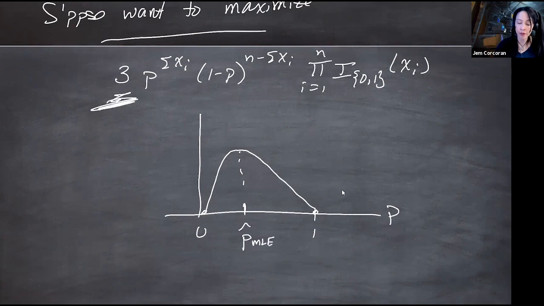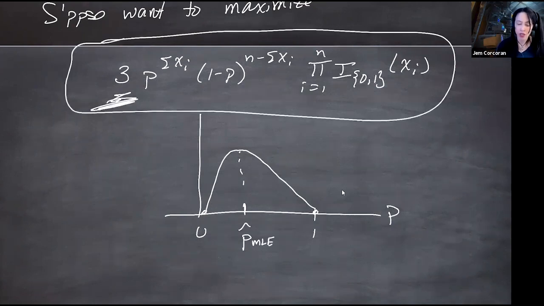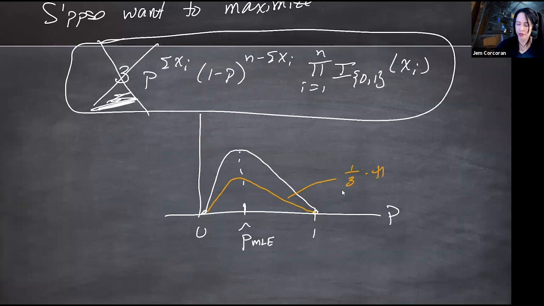I said that you can use anything proportional to the joint PDF. So if this happened to be the joint PDF that you got, you could drop the 3 because that will just rescale the function. I don't know, like this orange one is 1/3 of the original function in the circle.